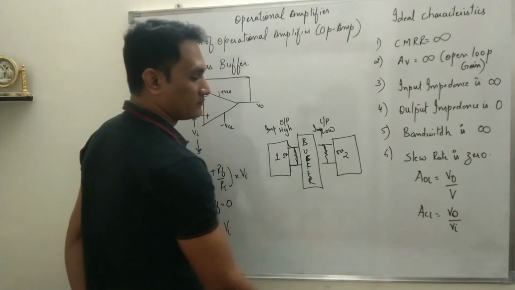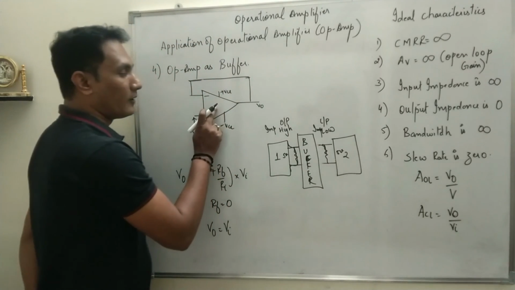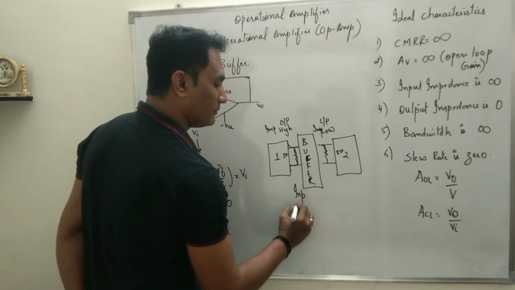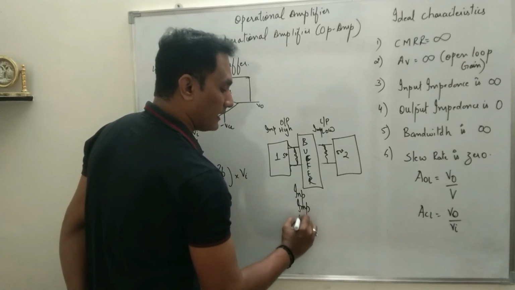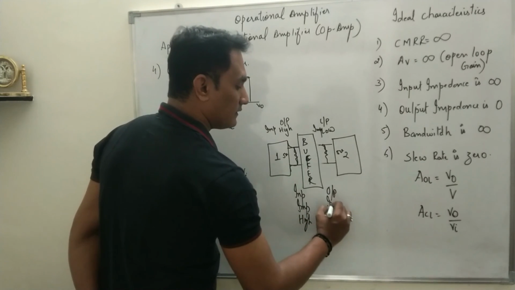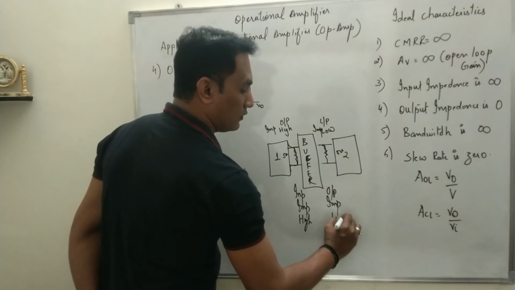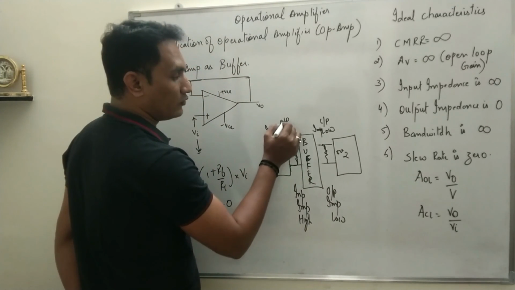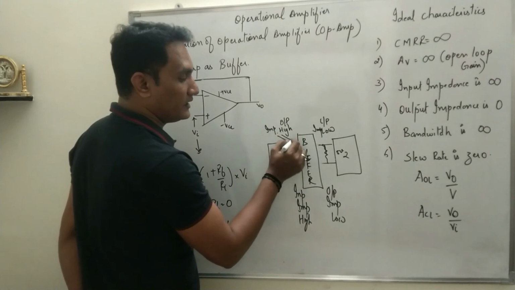The buffer is made up of an op amp, and in an op amp the input impedance is high and output impedance is low. That means at the input side, the impedance is matched.